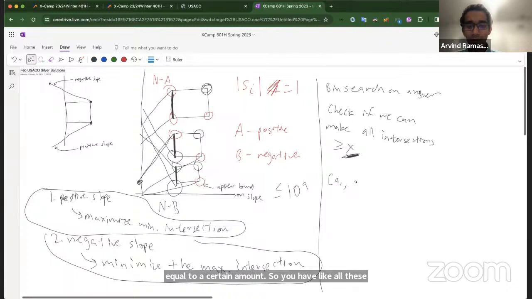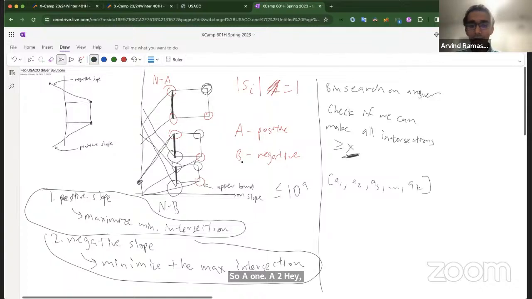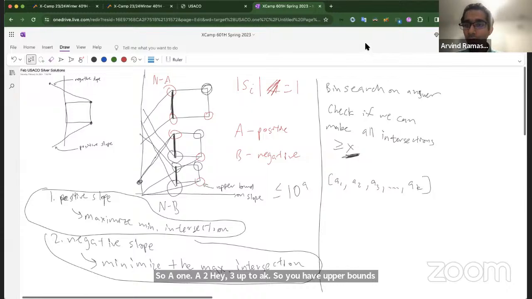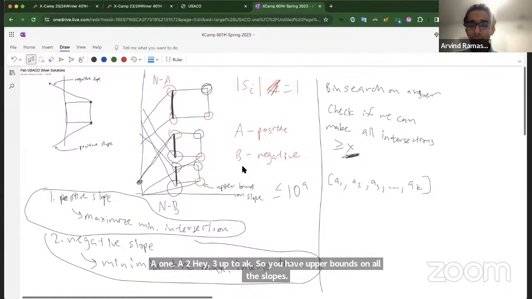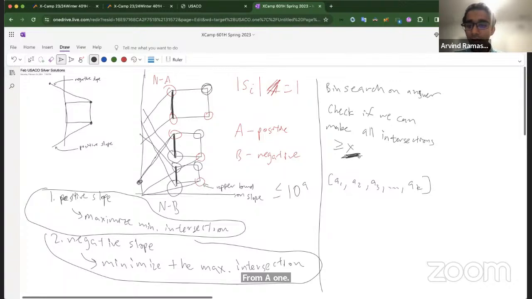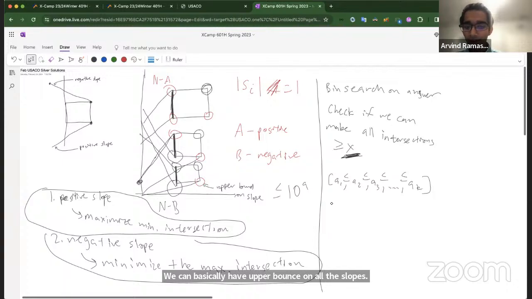So A1, A2, A3, up to AK. You have upper bounds on all the slopes from A1. So if we want to check if we can make all the intersection values greater than or equal to x, we have upper bounds on all the slopes, and you can assume that these are all sorted. Then you take the actual positive slope values and see if you can satisfy these upper bounds.